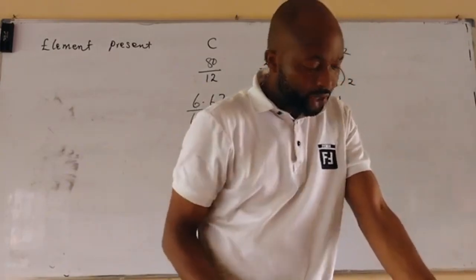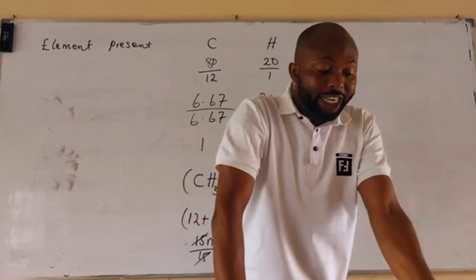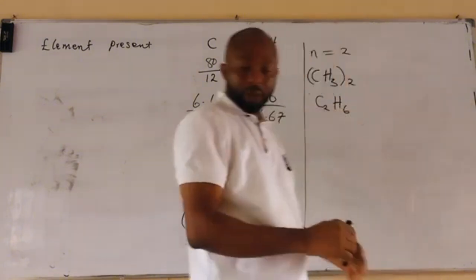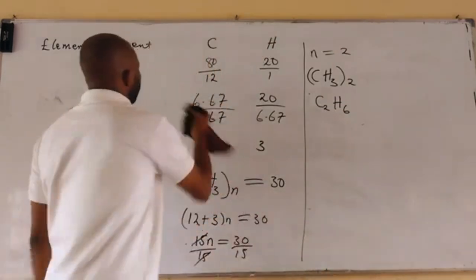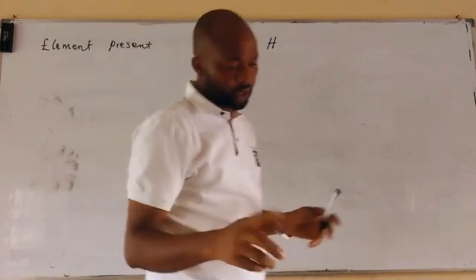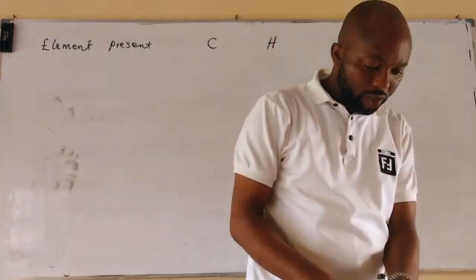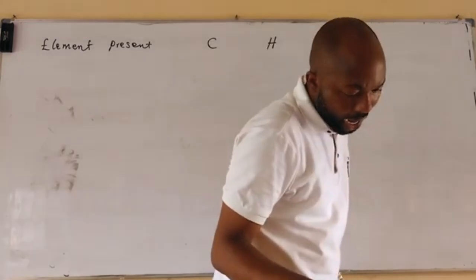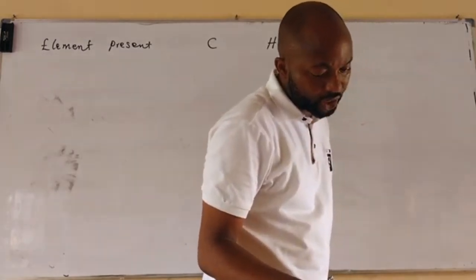Let's take another question. A compound contains 4 grams of hydrogen and 64 grams of oxygen.